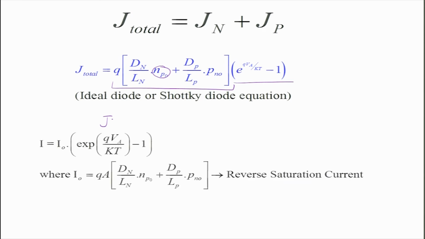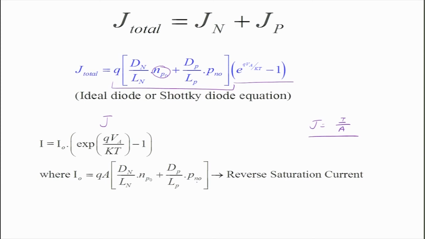If you convert current density into current, you can write I equal to I naught exponential of qVa by kT minus 1, where I naught is q into area A into Dn divided by Ln Np naught plus Dp divided by Lp Pn naught, because J is equal to I divided by A.